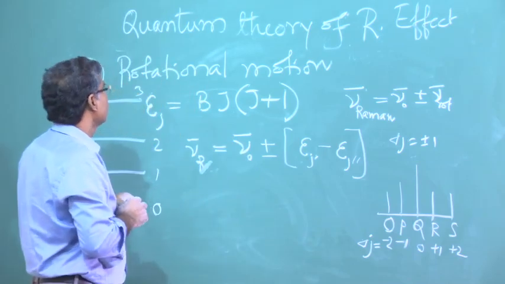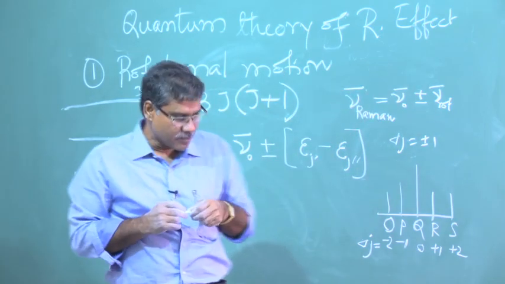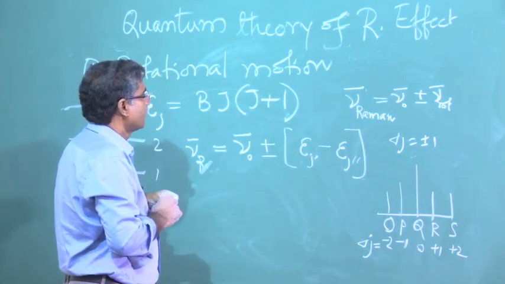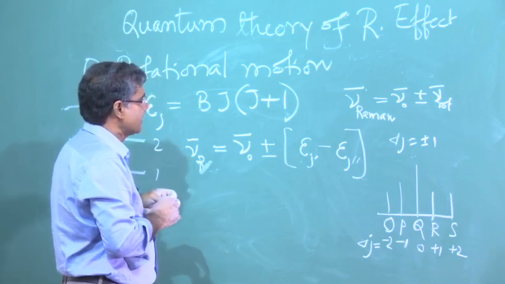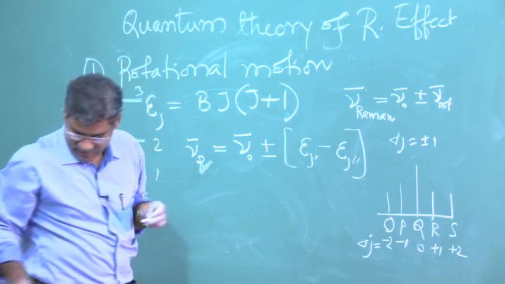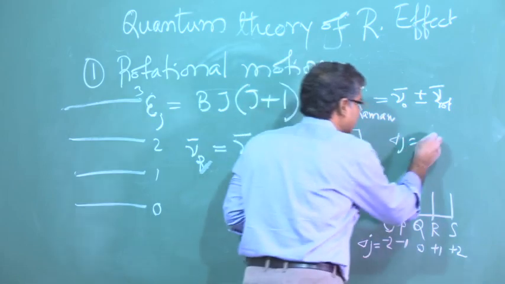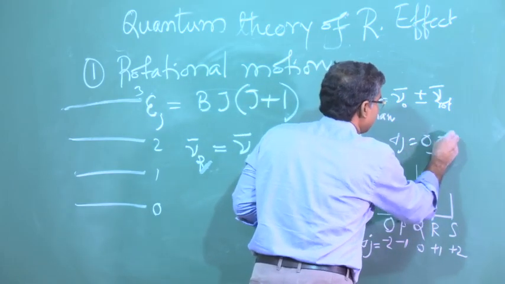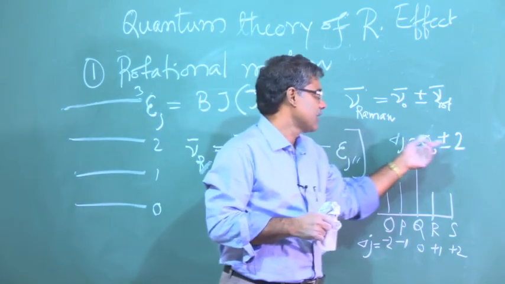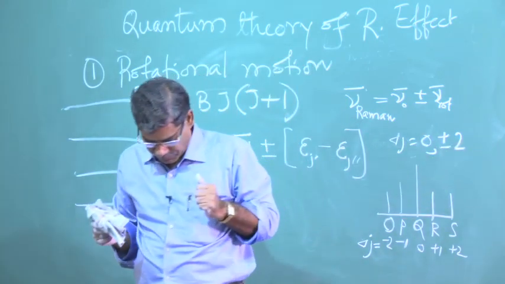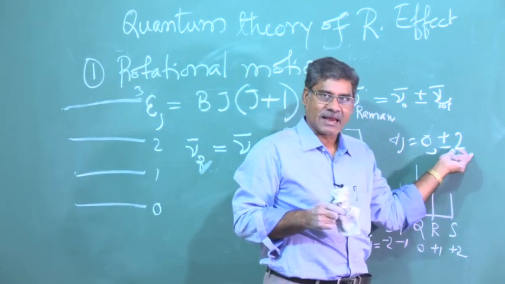In case of the Raman effect or Raman scattering, the selection rule is different from this one, and it is 0 and plus minus 2. Why is it so?